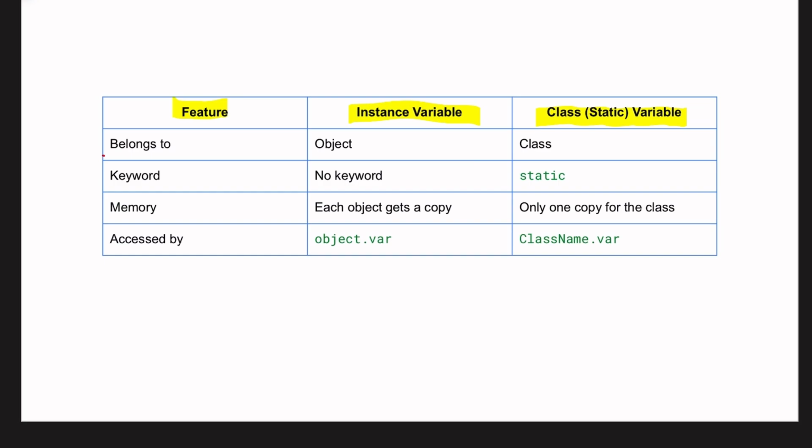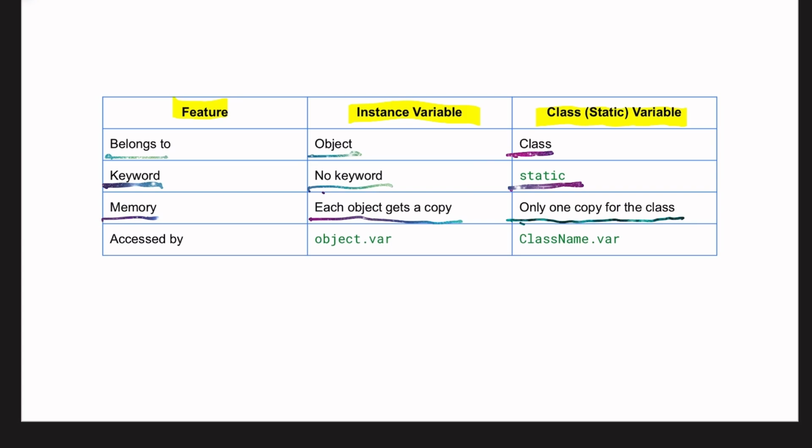For belongs to, the instance variable belongs to an object and the class variable belongs to the class. For keyword, an instance variable does not have the keyword static, but a class variable has the keyword static. For memory, each object gets a copy for an instance variable, and there is only one copy for the class variable.